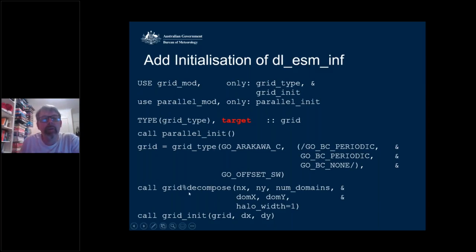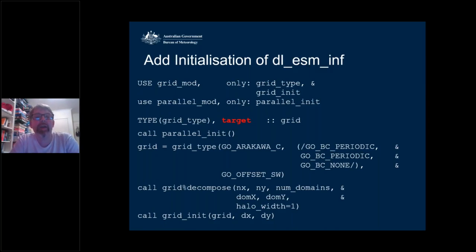Once we have done this, we decompose this grid, so we specify the number of points in X and Y directions, and then the number of domains in X and Y direction. Those are optional parameters. It tries to do as square as possible a domain decomposition, and you specify halo width. Once you've done this, you initialize the grid with dx, dy, being the distance between the points. After you've done those steps, you now have a grid type.